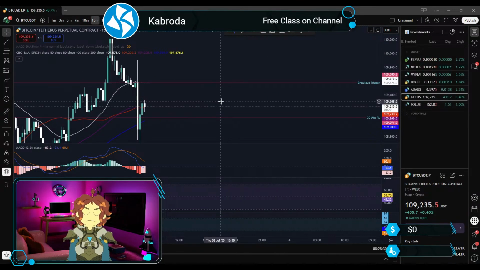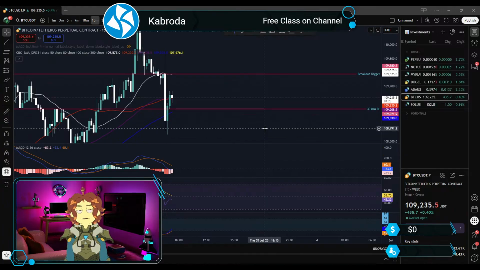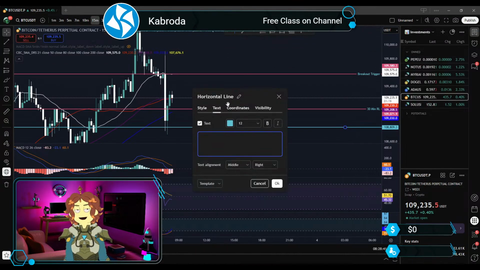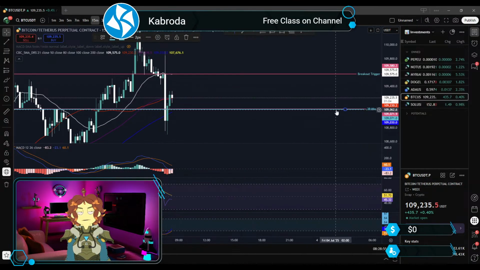All right, now the next one is the actual breakdown trigger. So I'm going to do Alt H, grab the line, put in the new coordinates. This one's 109.071, basically exactly where the 30-minute low was. Yep, pretty much exactly.